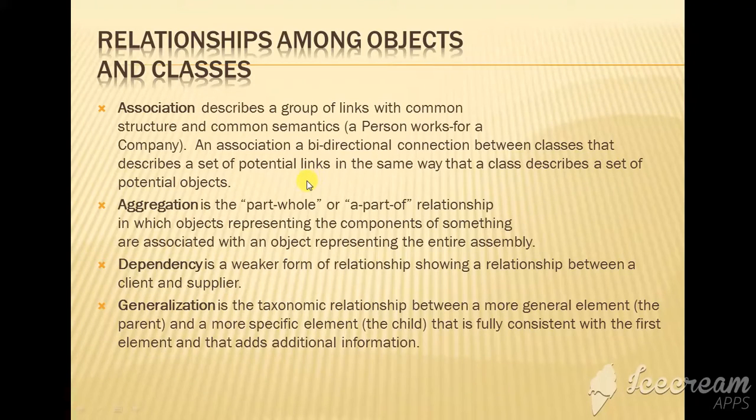Aggregation is the part-whole, or part-of, relationship in which objects representing the components of something are associated with an object representing the entire assembly. Dependency is a weaker form of relationship, showing the relationship between the client and supplier. Generalization is the taxonomic relationship between a more general element and a more specific element that is fully consistent with the first element and that adds additional information to the system.